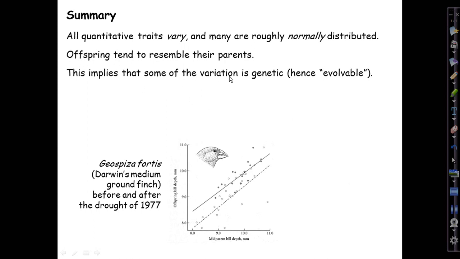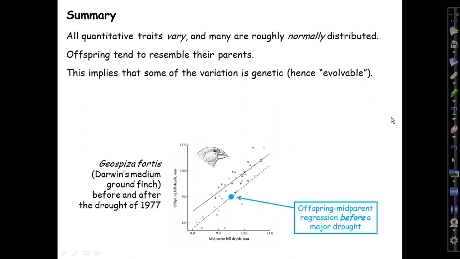These observations imply that some of the variation is genetic and hence evolvable, as it was in this famous example from Darwin's finches.